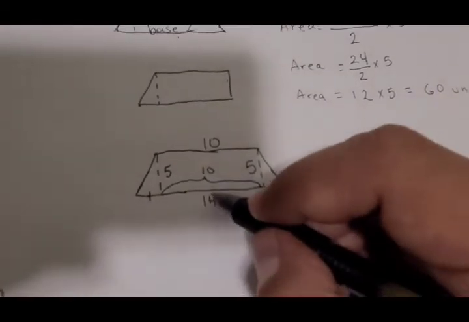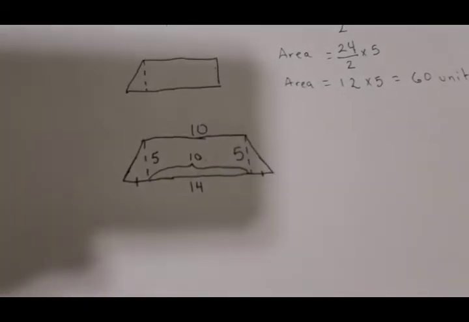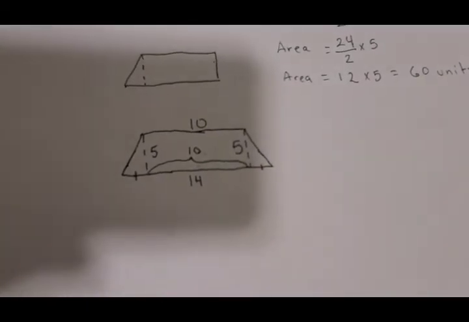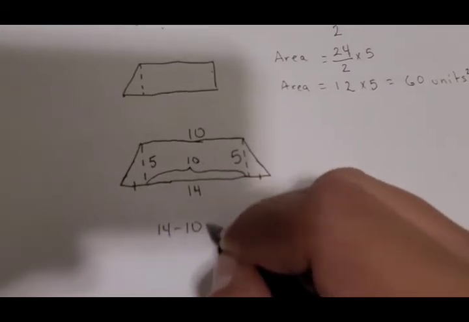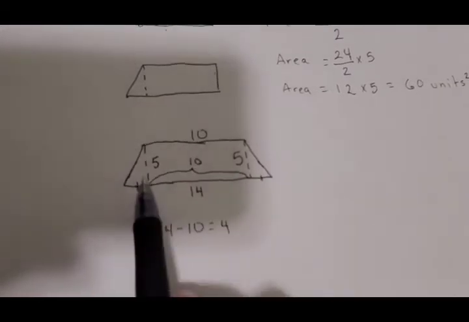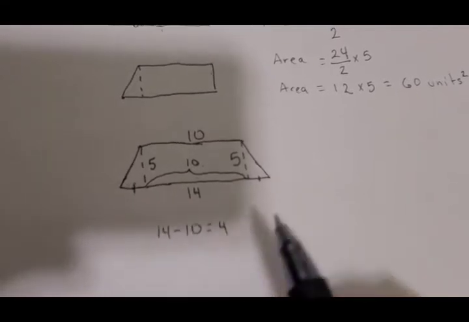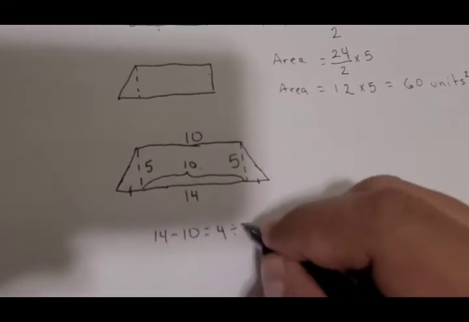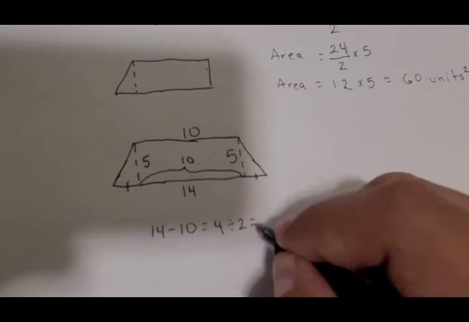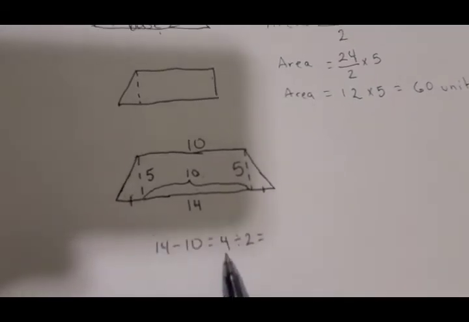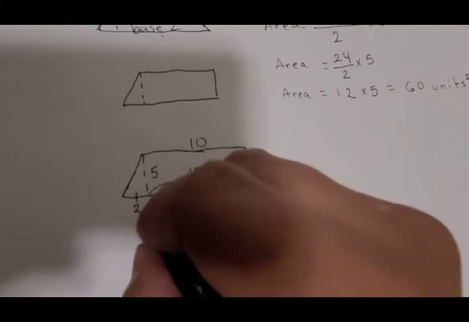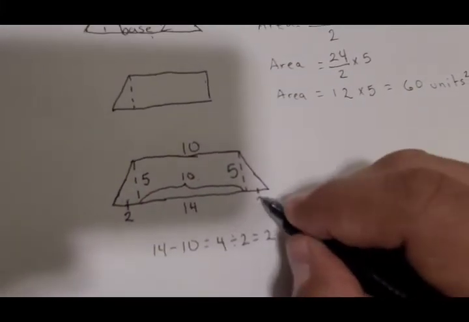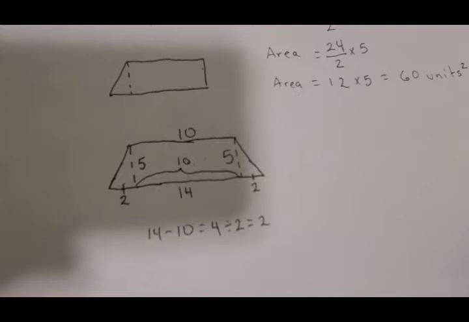Now, when we subtract 10 from 14, we get 4. So 14 minus 10 equals 4. Now, since we are missing two identical bases, we're going to divide that by 2. 4 divided by 2 is 2. That means that this base right here is 2, and this base over here is 2 as well.